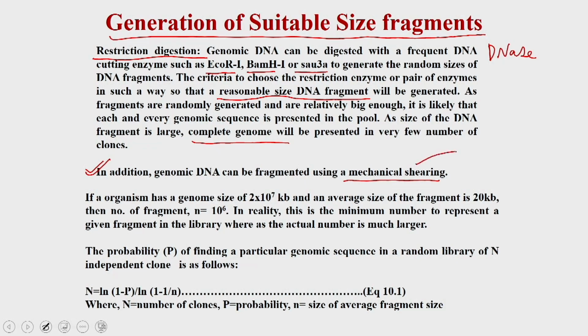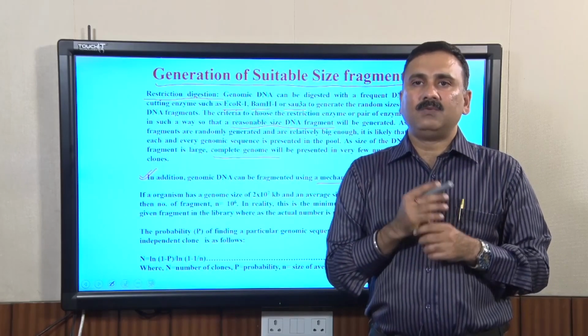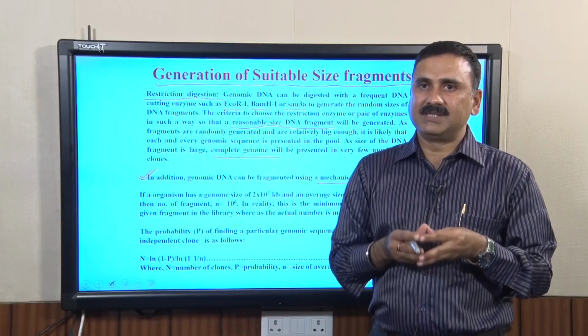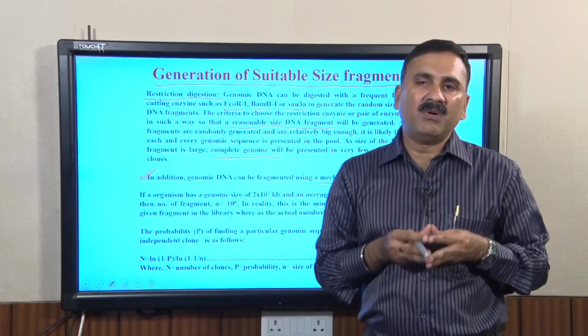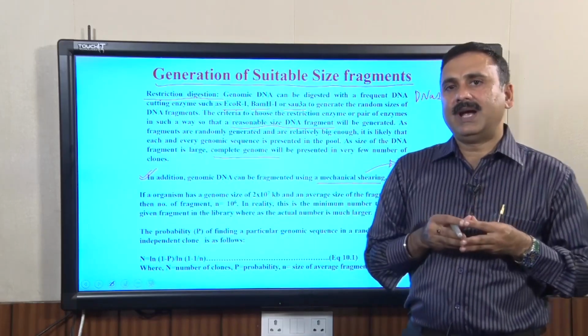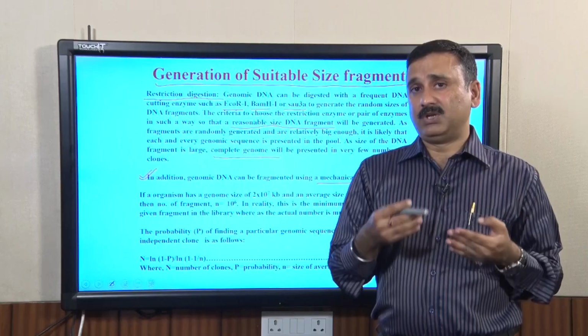For example, you can use the vortex. So, you can do vortexing. If you isolate the genomic DNA and do vortexing, it will also shear the DNA and generate fragments. Now, as I said, you have to generate a minimum number of fragments so that they represent a particular genome.